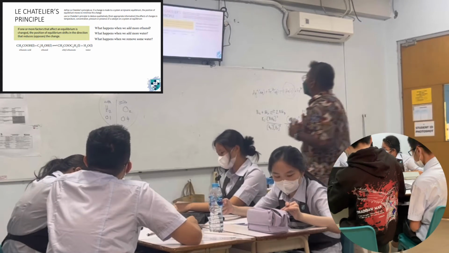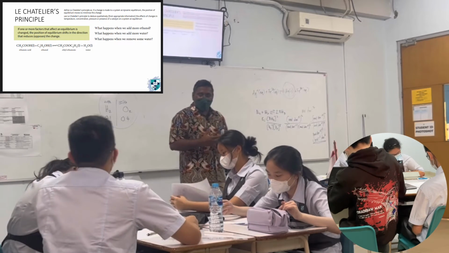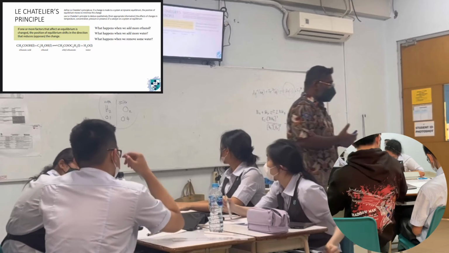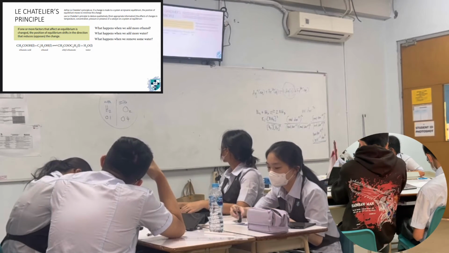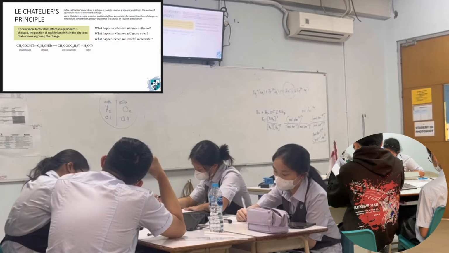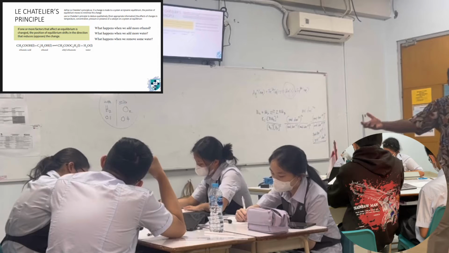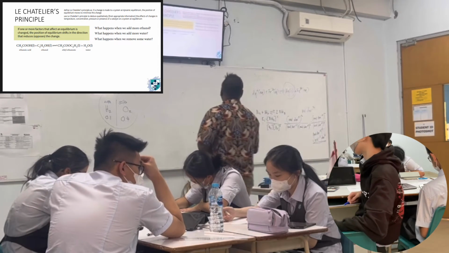Now, this Le Chatelier's principle tells that when a system is in equilibrium and you make changes to it, the position of the equilibrium will change so that it will minimize the change, or remove the change. And we have already learned about that yesterday.